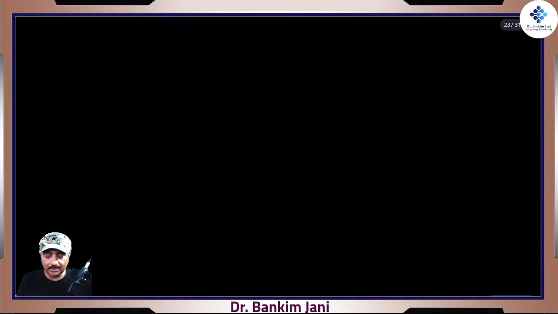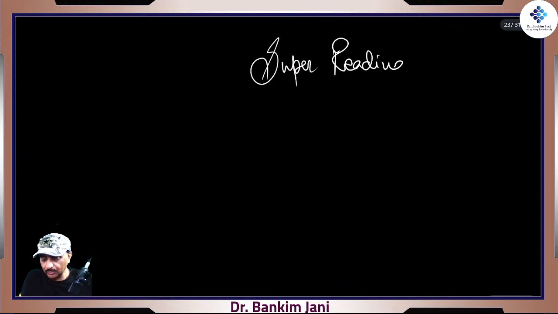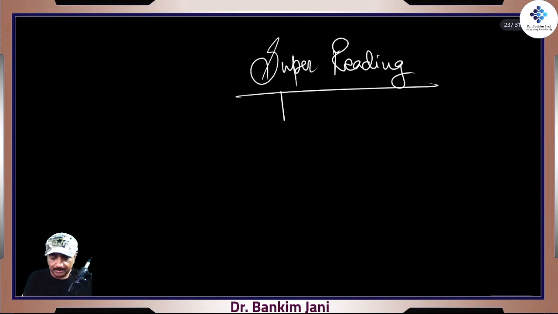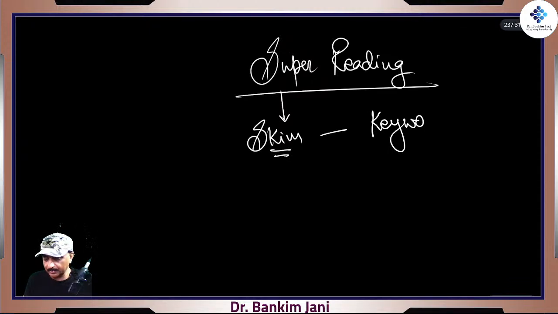So what I was talking about, in case of super reading, remember one part. You should move on to the next level if you have practiced well. That is the skim, in which you are picking up the keywords and writing the keywords.